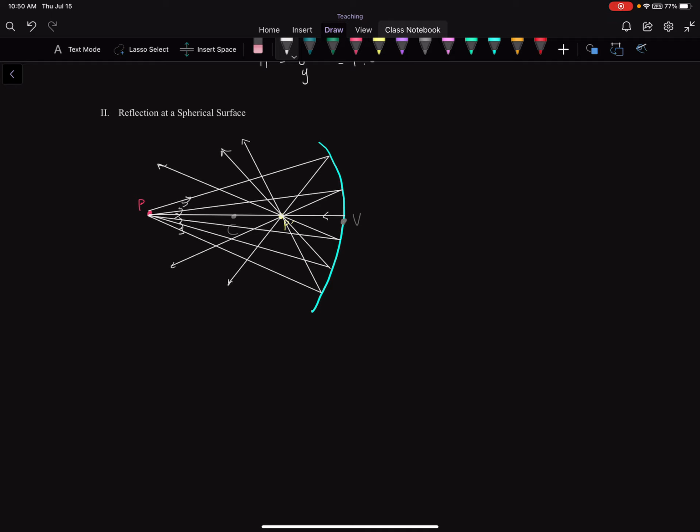So, before we move on into that proof, there's something very important to notice. The image that's formed, P prime, is a real image, not a virtual image like with the plane mirror. In other words, the reflected rays actually do cross through the image point and continue on as if they emanated from this point, right? So this is the image that's formed right here, and there are actual rays crossing through that.